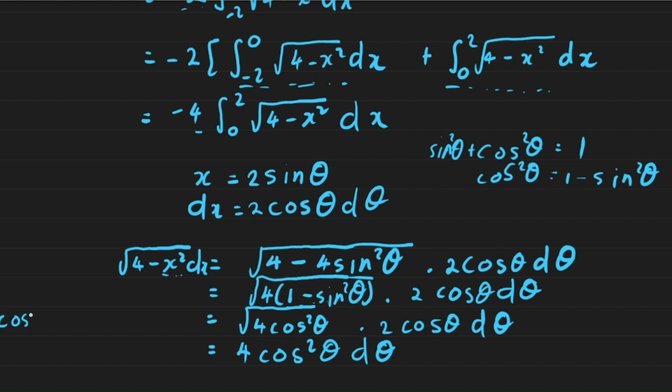You'd remember that cos 2 theta is equal to 2 cos squared theta minus 1. So if we solve for cos squared theta here, then we get that cos squared theta is equal to half of 1 plus cos 2 theta.